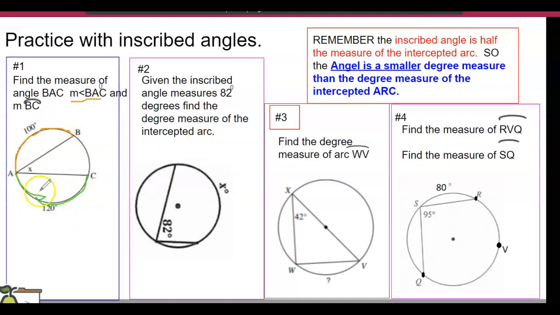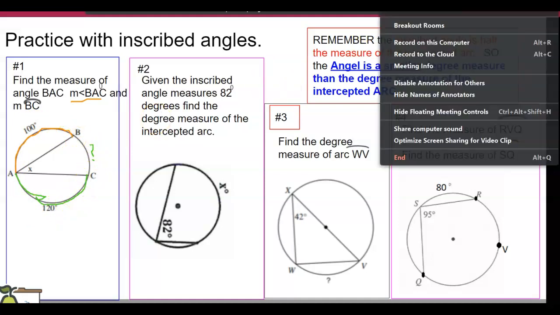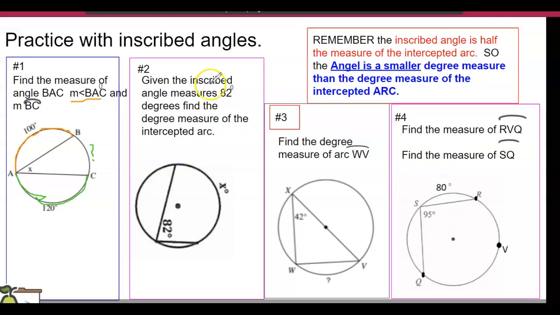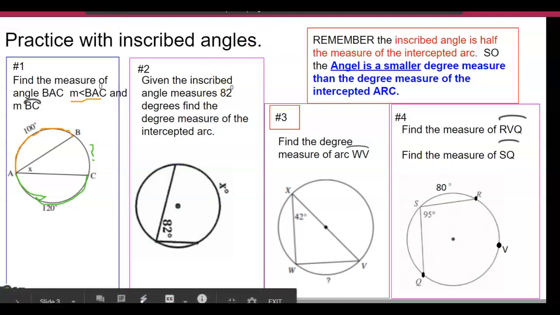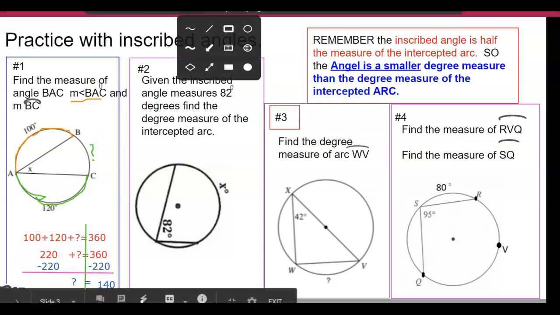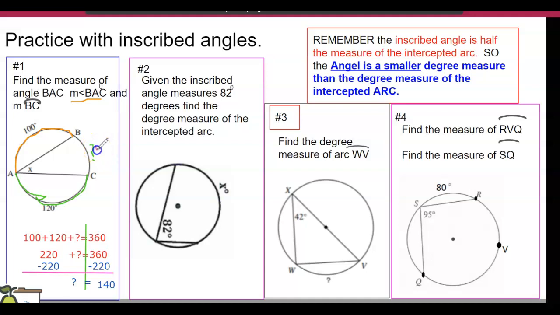So remember, a circle is 360 degrees. So what would this arc be? So 100 plus 120 plus what gives me 360? Figure that out real quick. Okay, you should have gotten 140 degrees. So this arc here is 140 degrees.